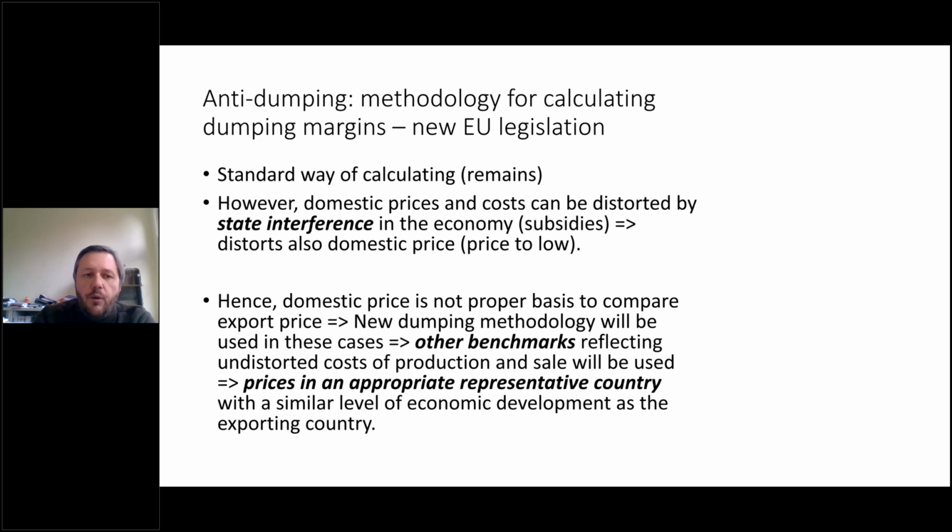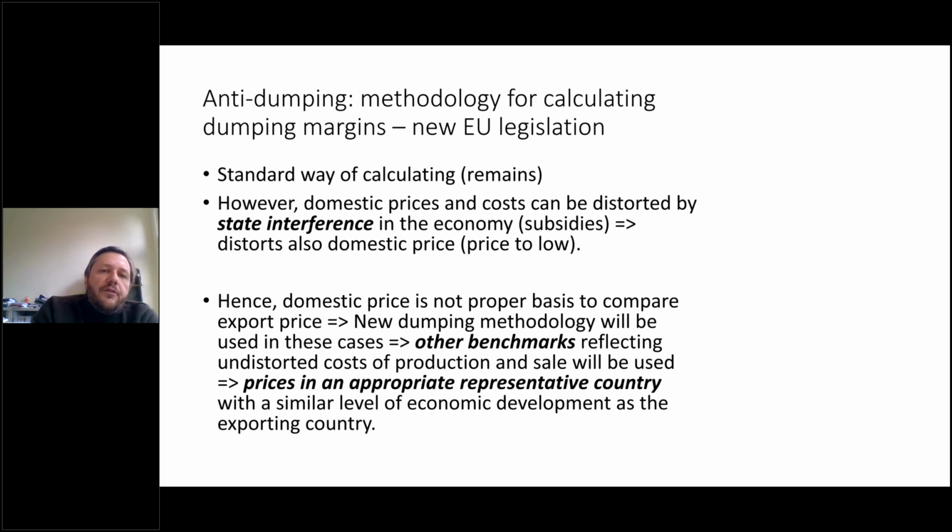But as we saw in the video, like in the case of the Chinese government providing parts of the bike, this way of calculating might not be the most appropriate way, and that's why the EU made new legislation to develop a new methodology to calculate dumping.